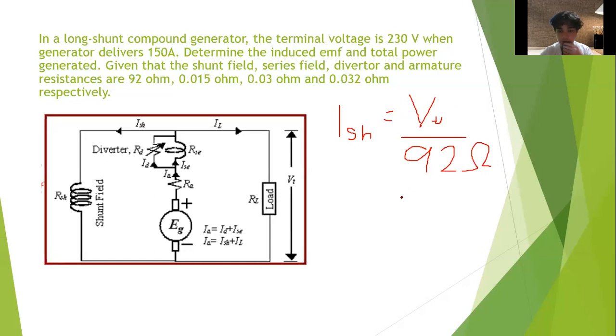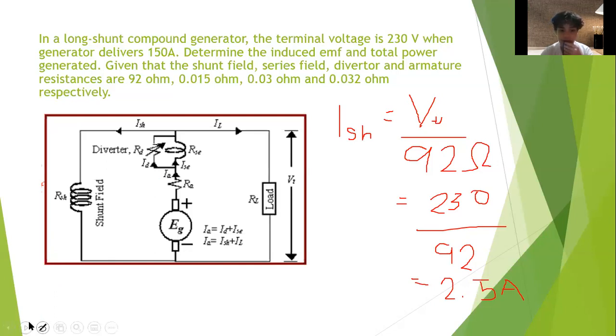So we have 230 over 92, which is equal to 2.5 amps. So far, we have obtained the current in the shunt and the total resistance.